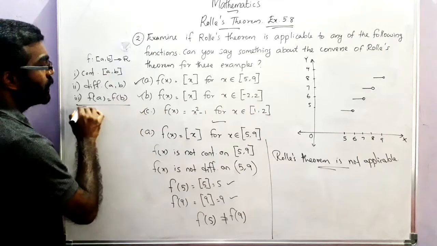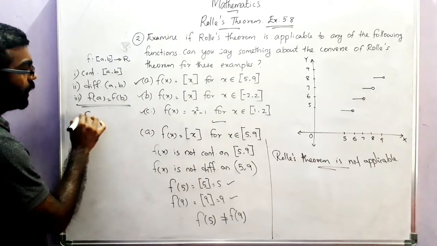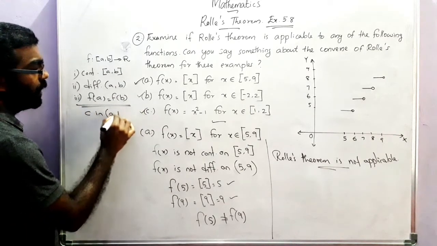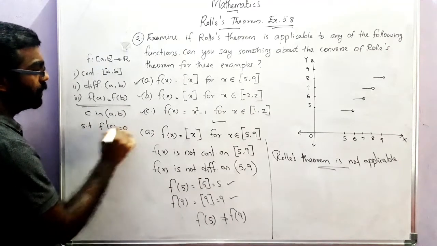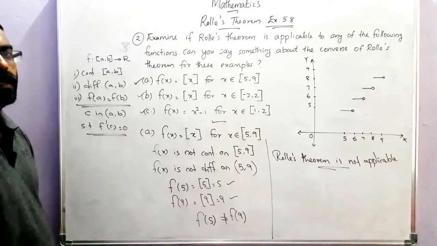If the three conditions are fulfilled, then there exists some c in open interval (a, b) such that f dash of c is equal to 0. So this is Rolle's theorem.